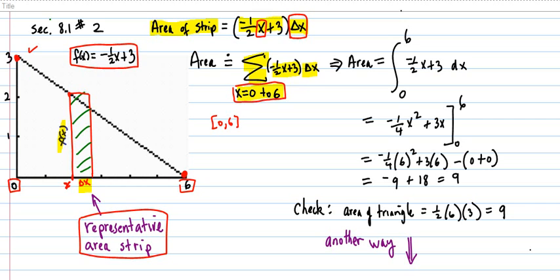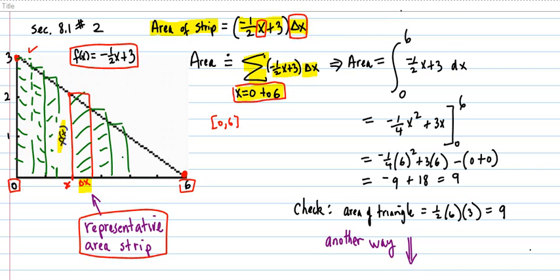What you're doing in your mind is acting like you see the rectangle here where x equals 0. Then x moves to another value and you see this rectangle, and then x moves, seeing this, and you're adding up this area, and then the one that we've shown, and then this one, and so forth.